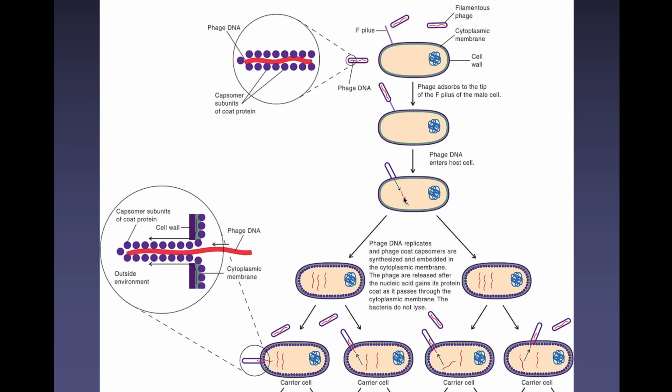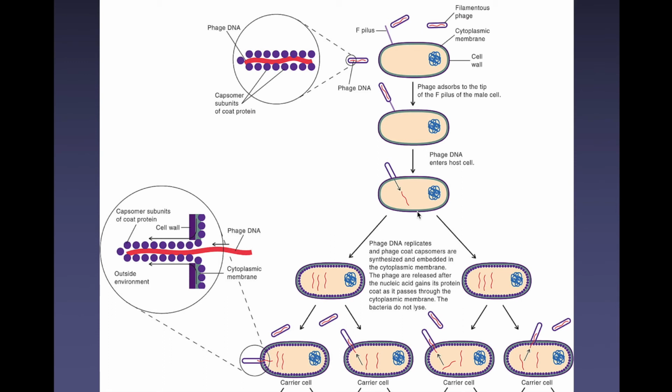And so once this nucleic acid is inside this host cell, the host cell will, just as before, replicate that nucleic acid and also synthesize new virion proteins from the genes that are on this nucleic acid. So we also have synthesis, transcription, translation of phage DNA, but replication of phage DNA. But because these guys don't lyse the cell, they stay inside, and that means that host cell, during its regular binary fission process, will just naturally pass on that phage DNA to the progeny.